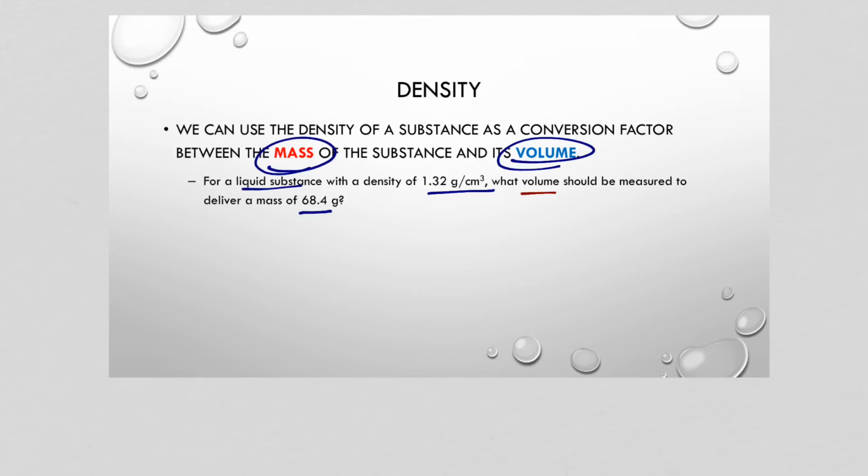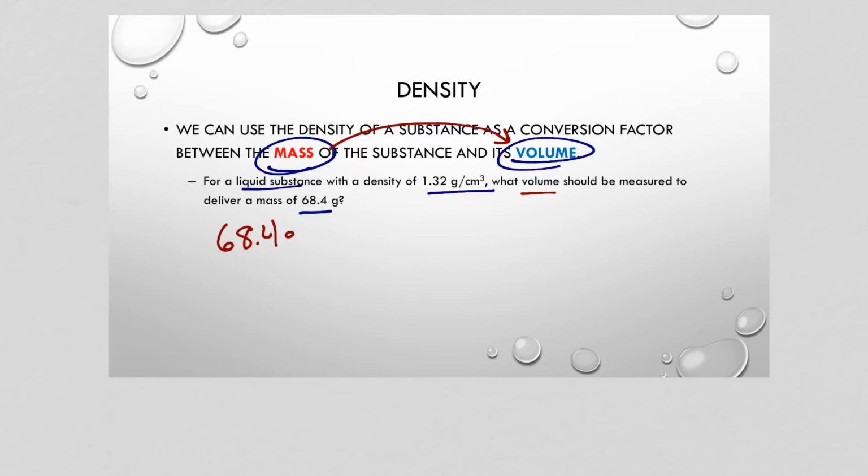And so I want to start with the mass because that's what I know, and I want to get to the volume. Now, what's my pathway? Well, if I know that density is the conversion factor that allows me to go from knowing the mass to the volume, that's what's going to become my conversion factor. That's my pathway.